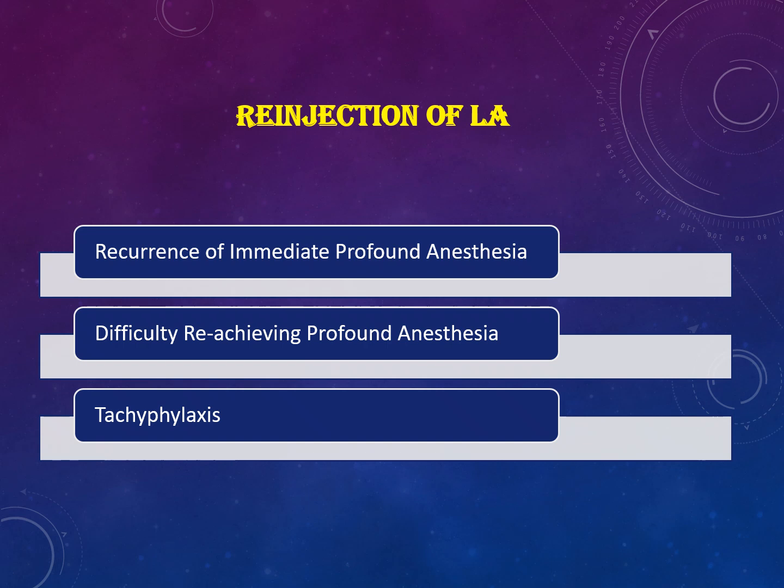Second is a difficulty in re-achieving profound anesthesia. The patient doesn't get anesthetized following the re-injection. And third is tachyphylaxis, that is a profound reaction against the local anesthetic agent. The patient may experience shortness of breath or an allergic reaction against the local anesthetic agent.